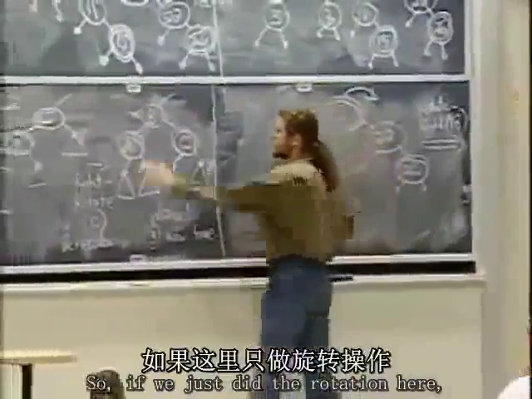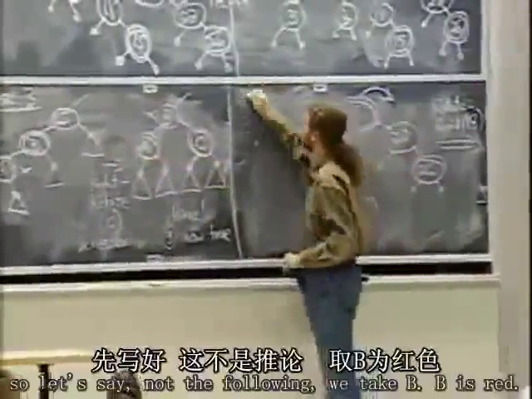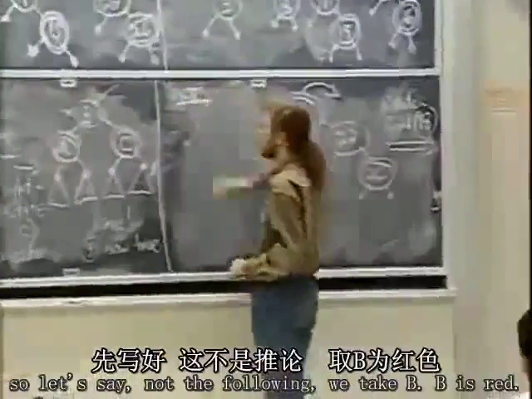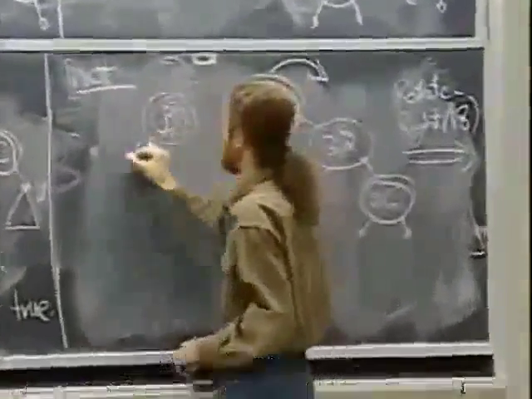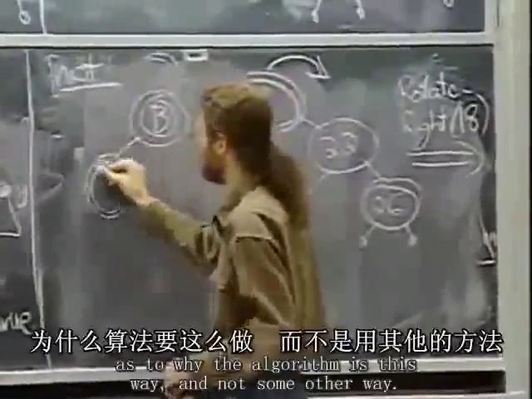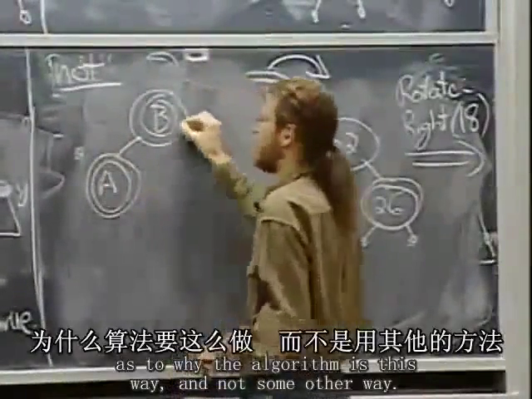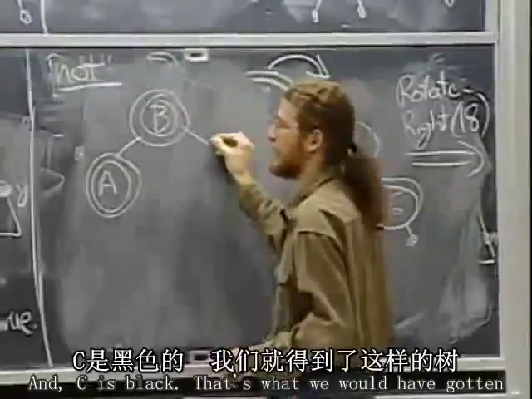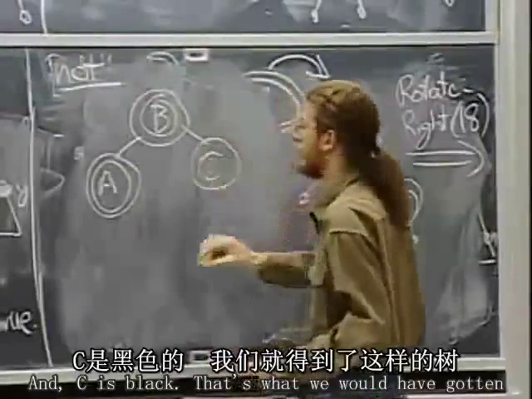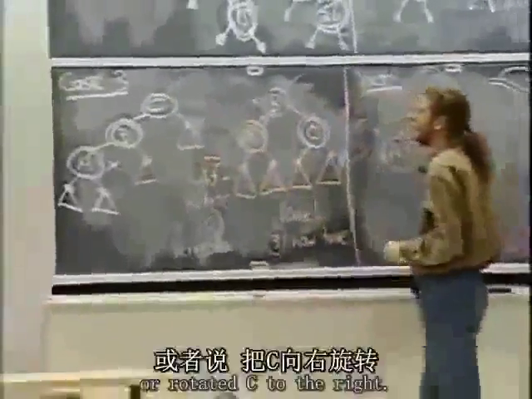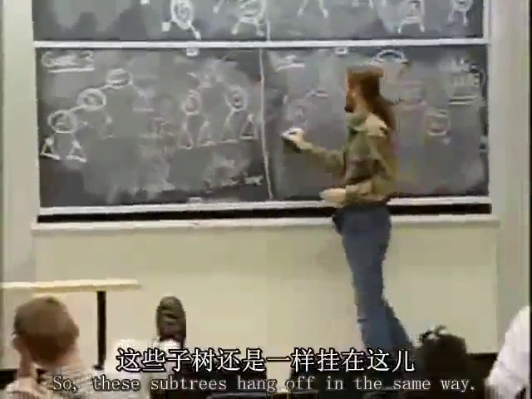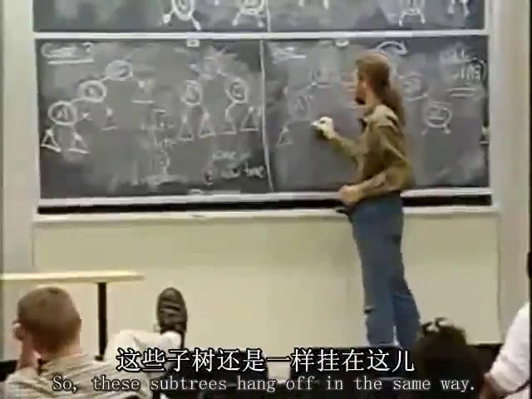So if we just did the rotation here, say not the following, we take B. B is red. This will give some intuition of why the algorithm was this way and not some other way. And C is black. That's what we would have gotten if we just rotated C to the right.